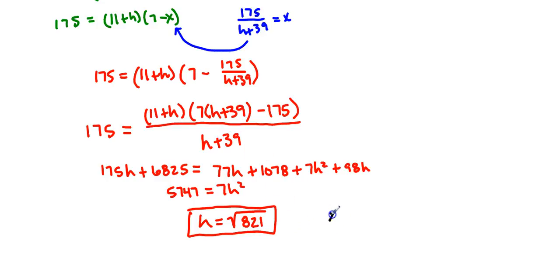So I get x equals 175 over (root 821 plus 39). And you can find a decimal approximation for that if you'd like. It's going to be about 2.59. So there's our decimal approximation for x.